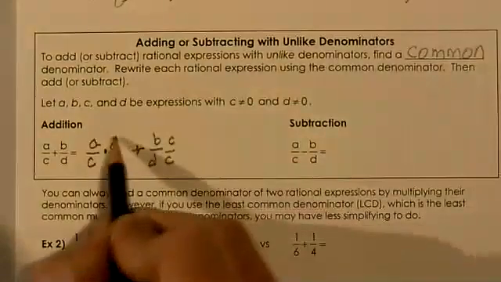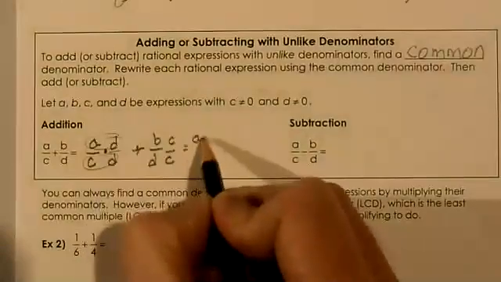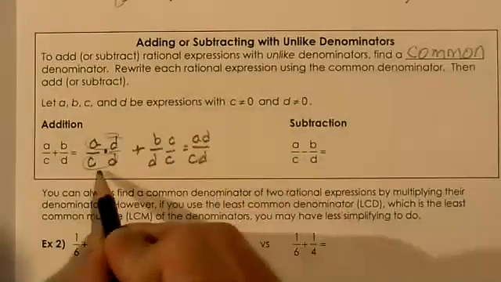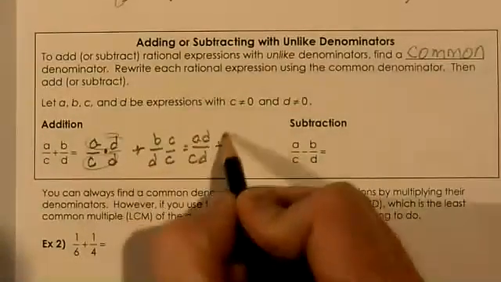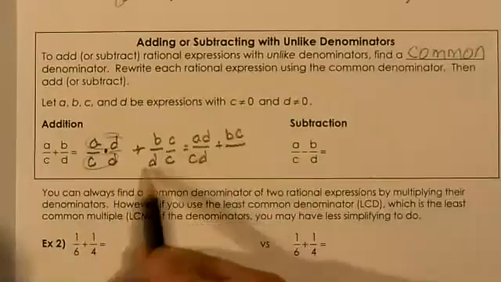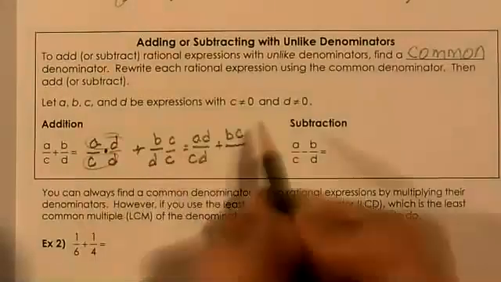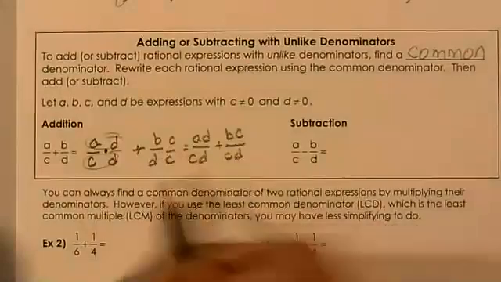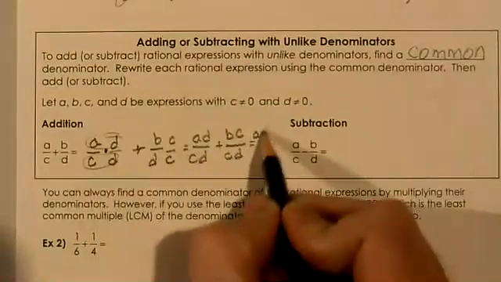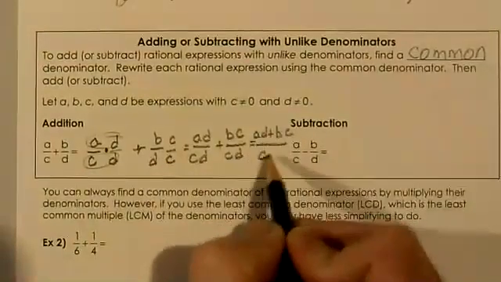So that's going to give us AD over CD, and that's going to give us BC over CD. Order of multiplication doesn't matter, so we can still call that CD. So our common is AD plus BC all over CD.